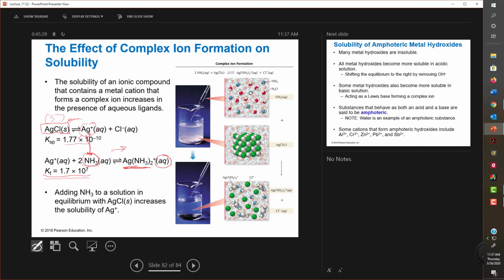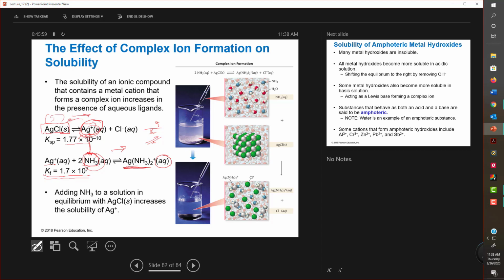Once this starts being removed, this reaction has to shift to the right to make up for the loss of that. Le Chatelier's principle again. So we're at equilibrium. You remove the silver ion. Like a seesaw, the balance tips, so the reaction has to shift to the right to make up for that loss. Why are we losing it? Because the ammonia is complexing with the silver.